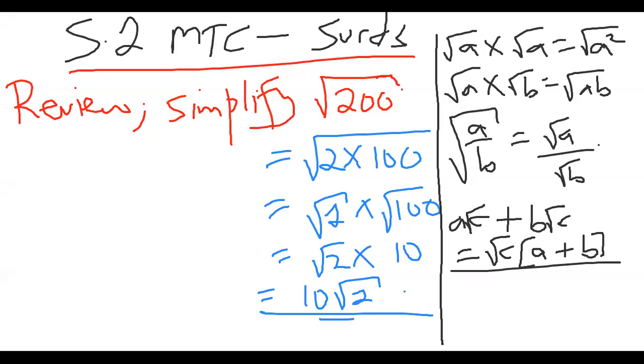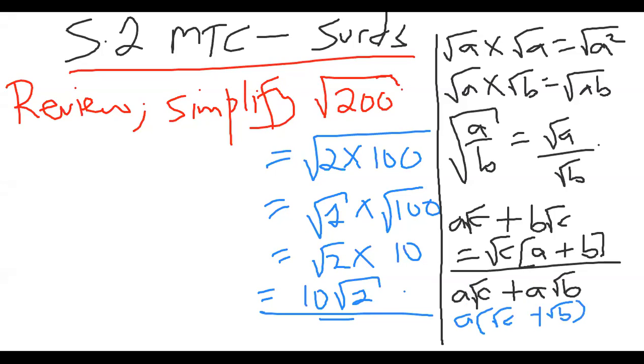Or in case you have a square root of c and then plus a square root of b, it is the same thing here. This a is a common factor. So you can factorize it out and then you have a into brackets square root of c plus square root of b.